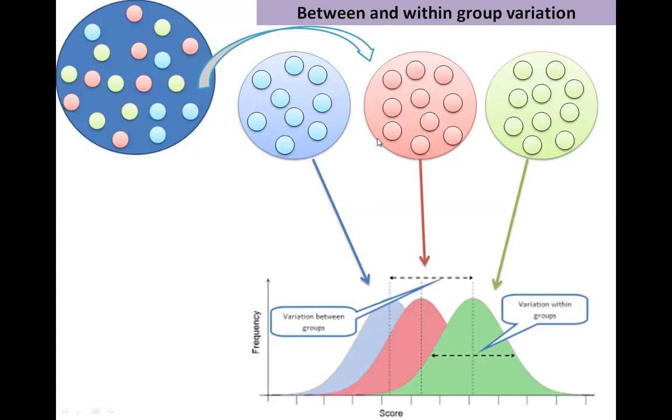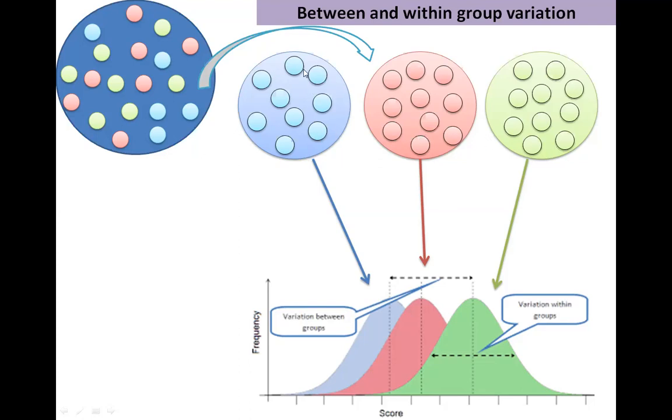So all these three samples will show differences in their mean value. This difference we refer to as between group variation. Are you getting this? This is the difference between the three different samples, and it gives us the between group variation.